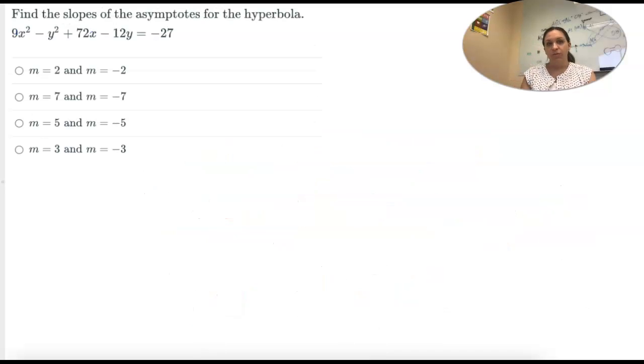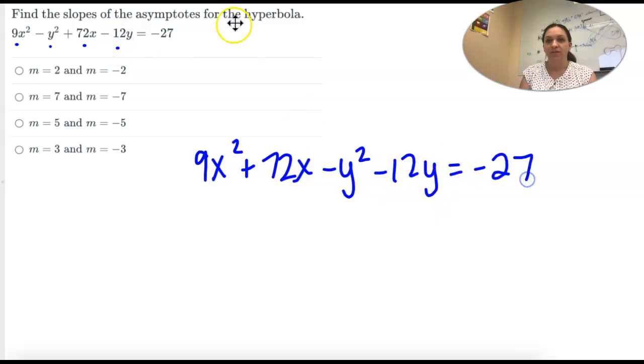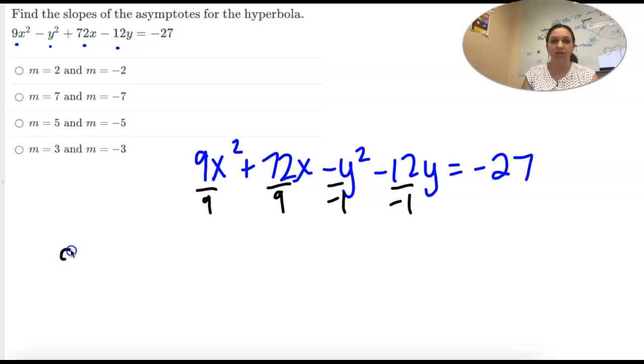So find the slopes. Again, we have to get this in standard form. So 9x squared plus 72x minus y squared minus 12y equals negative 27. So I'm going to take the 9 away from the x's and the negative 1 away from the y's.